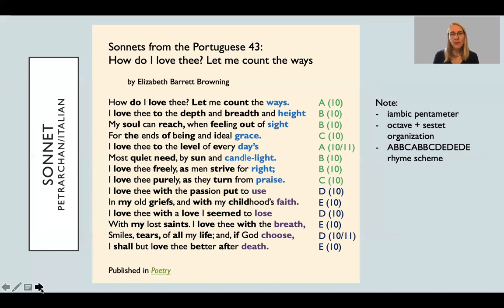I love thee purely, as they turn from praise. I love thee with the passion put to use in my old griefs, and with my childhood's faith. I love thee with a love I seemed to lose with my lost saints. I love thee with the breath, smiles, tears, of all my life. And, if God choose, I shall but love thee better after death.